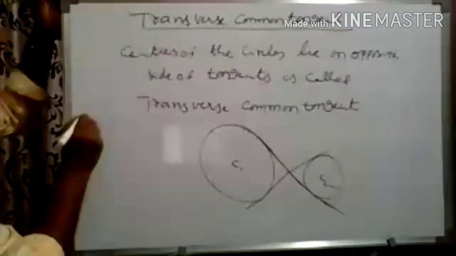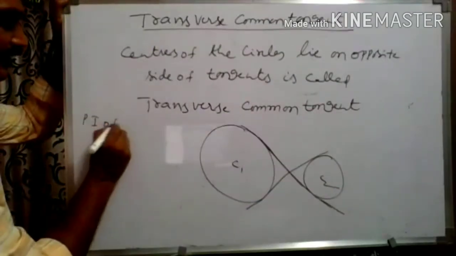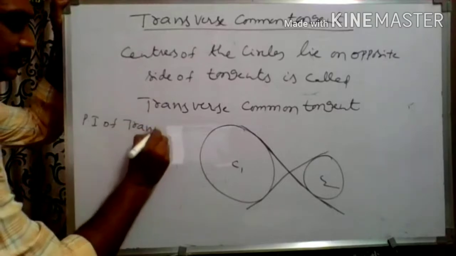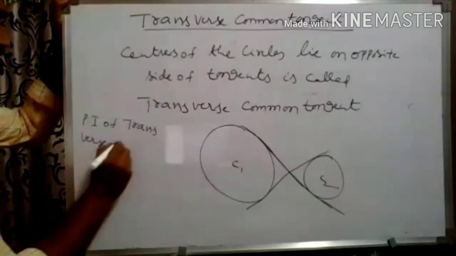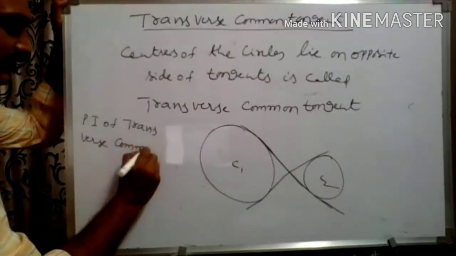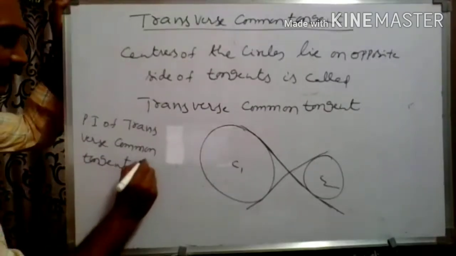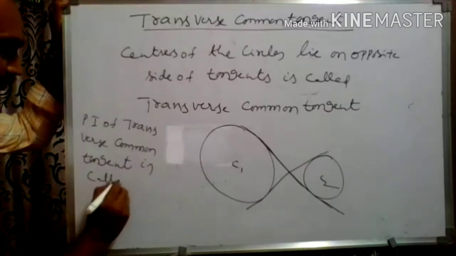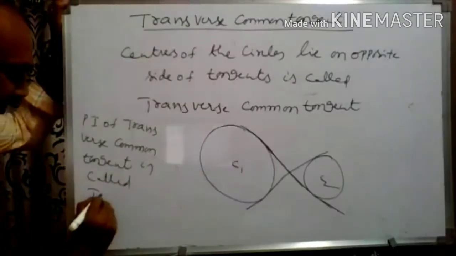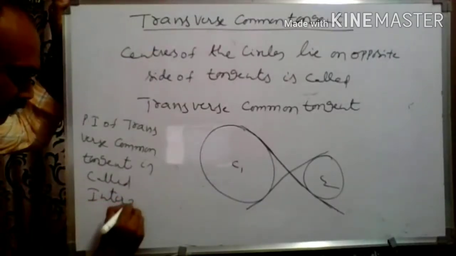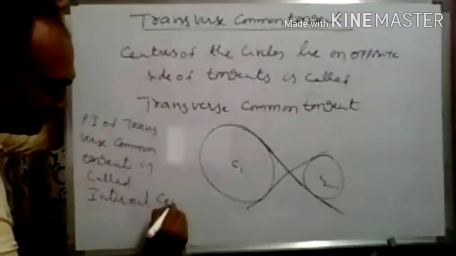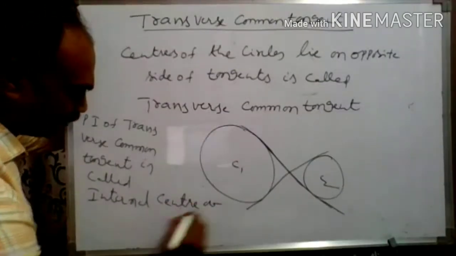Next, the point of intersection of the direct common tangents is called the external center of similitude. The point of intersection of the transverse common tangents is called the internal center of similitude.